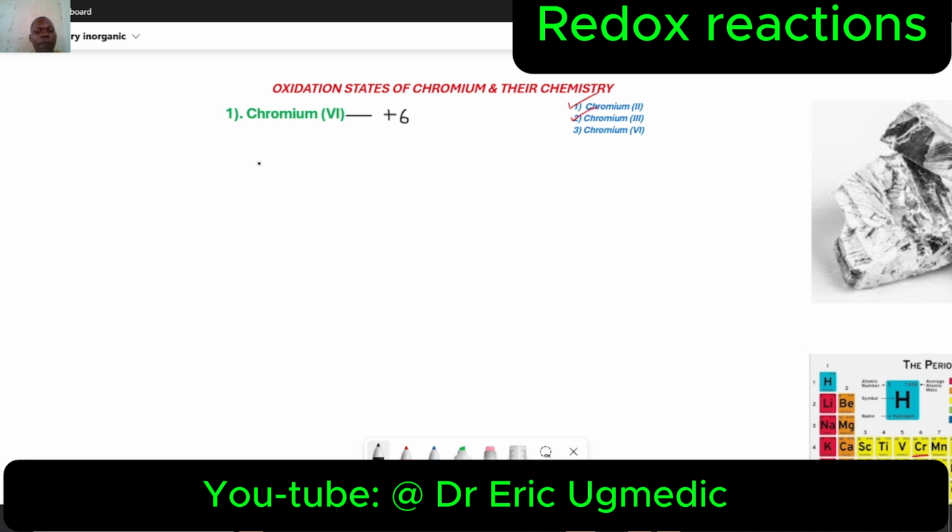So for the oxidation, the dichromate, as we have seen, is stable in acidic medium, so its oxidation will actually occur in acidic medium.